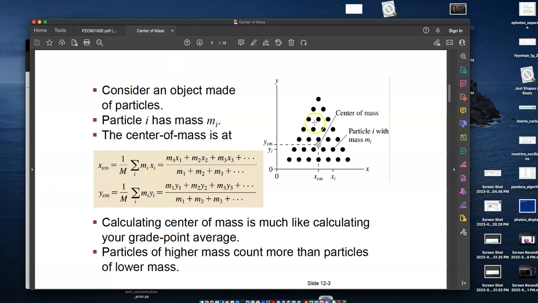If we break down a particle into this series of distinct points, then we take the mass of each point and the position of each point, and we add them all together in the x and y coordinates. In fact, I might pull up a little example. I didn't realize that actually the example is next in the slide.